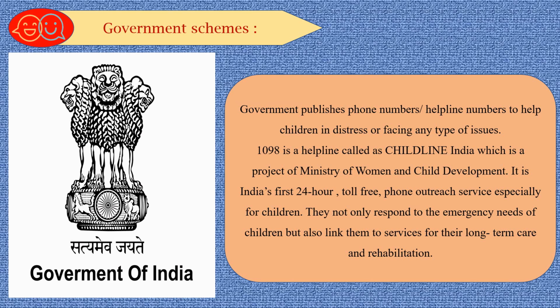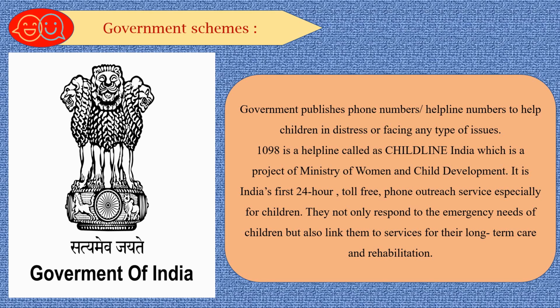Students, now let's understand about the government schemes. Government publishes phone numbers and helpline numbers to help children in distress or facing any type of issues. Children in distress contact the helpline and narrate their issues. Government offers needed help and guidelines to such children.